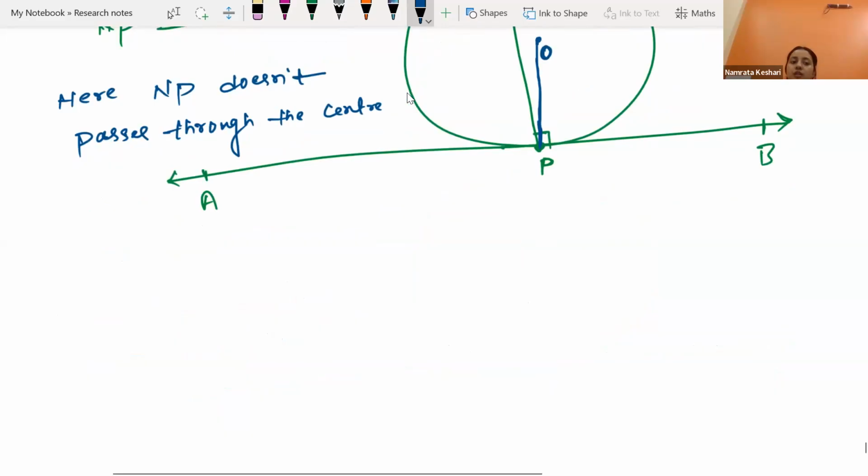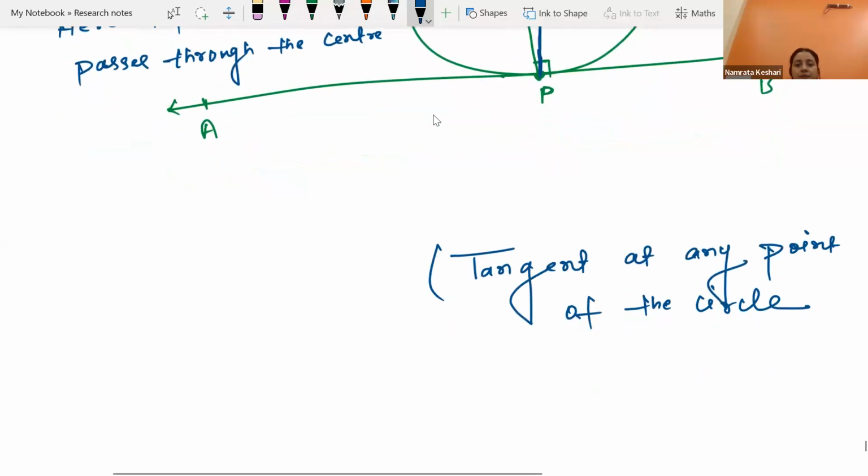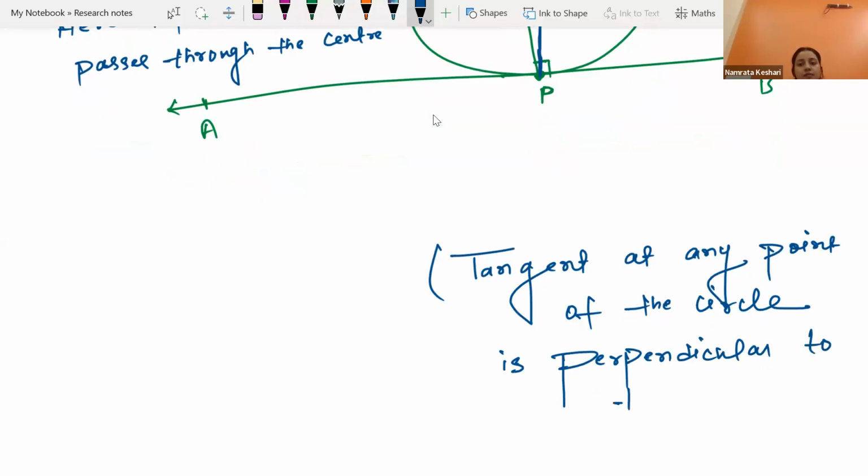I'm writing the first theorem: the tangent at any point of the circle is perpendicular to the radius at the point of contact.